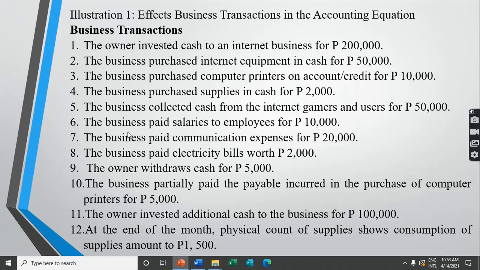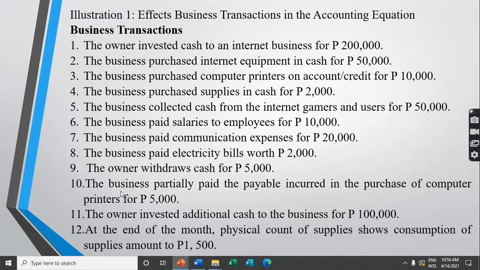Number 6 is the business paid salaries to employees for 10,000. The business paid communication expenses for 20,000. And the business paid electricity bills worth 2,000. The owner withdraws cash for 5,000.